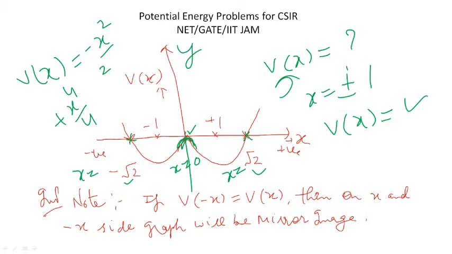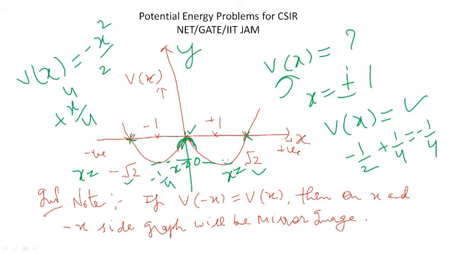So when you put x equal to plus minus 1 here, you found that it comes out to be minus 1 by 2 plus 1 by 4, so it comes out to be minus 1 by 4. So on the Vx graph, your value will be minus 1 by 4 here, okay?